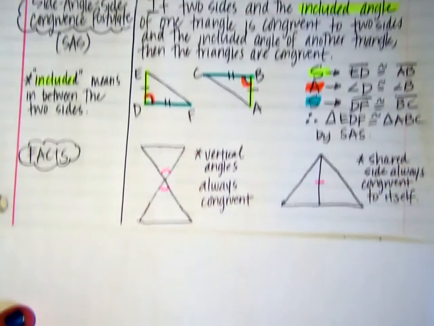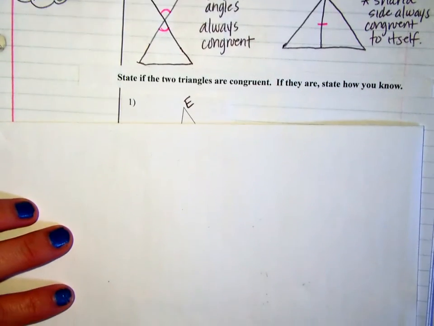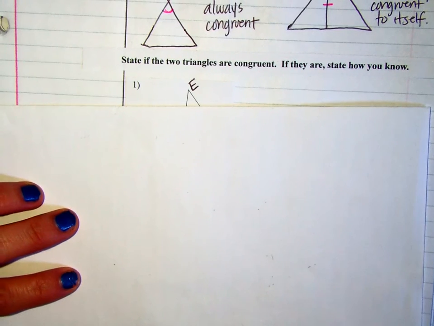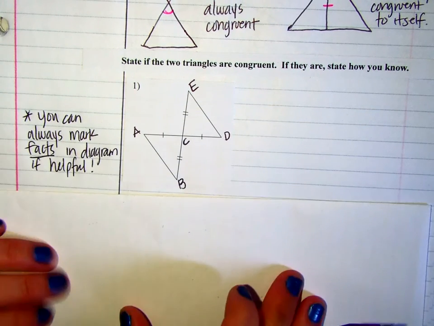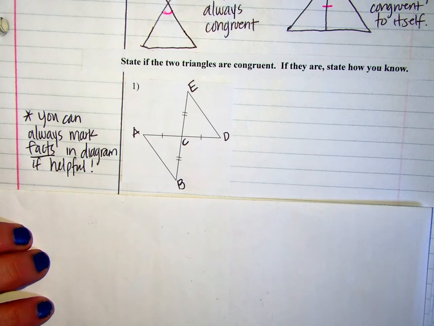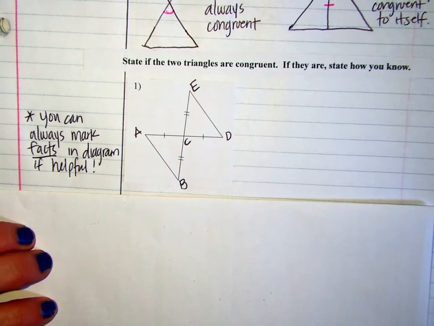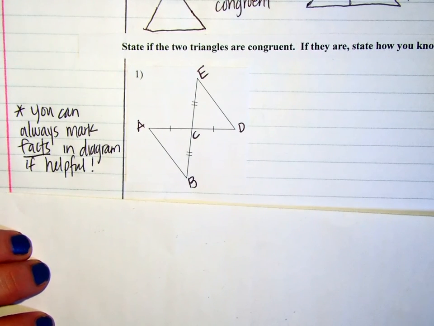Let's get started. We're going to now state if the triangles are congruent, and we're going to state how we know. So we're going to take a look at our first example here, and I have names of my vertices. Remember, you can always mark facts in your diagram if it's helpful.